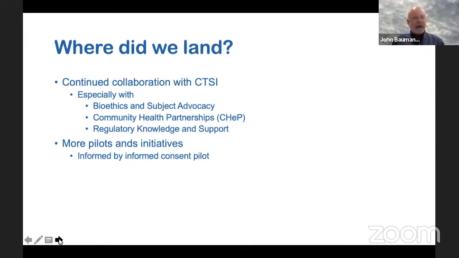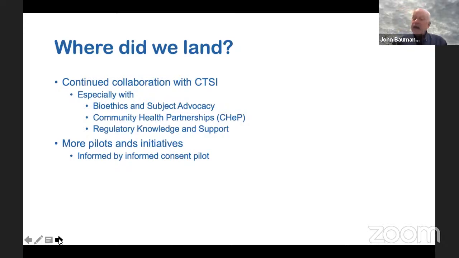We expanded and continue to expand our collaboration with everybody we worked with within the informed consent working group, in particular with the CTSI bioethics and subject advocacy. We've done other projects with them, with the community health partnership core of the CTSI, and with the regulatory knowledge and support core of the CTSI.